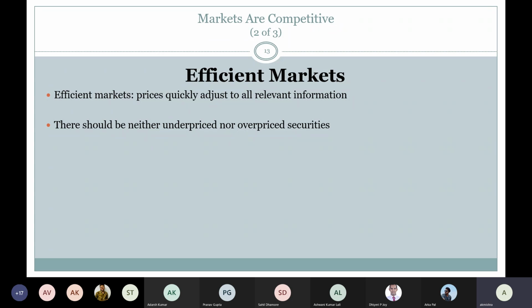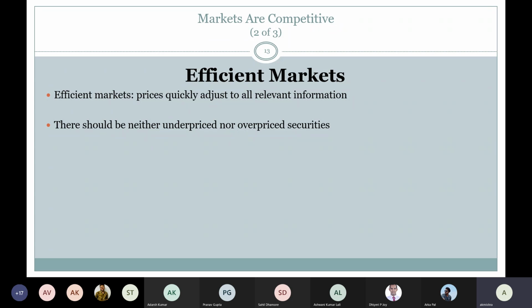So what do we mean by underpriced? An underpriced security is basically a security whose market value is less than its fair price or true value. It means in the future, the price of that asset or stock will go up.